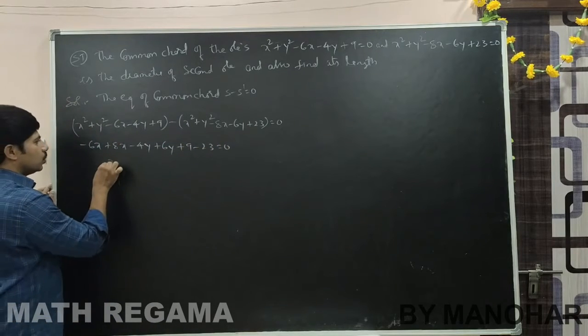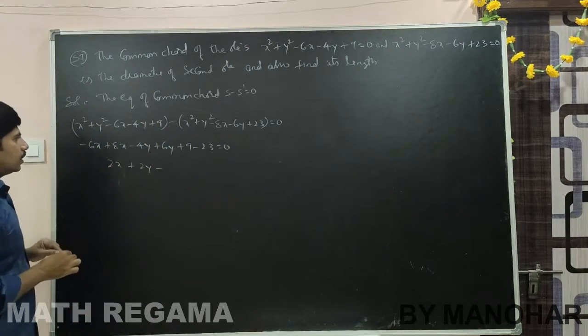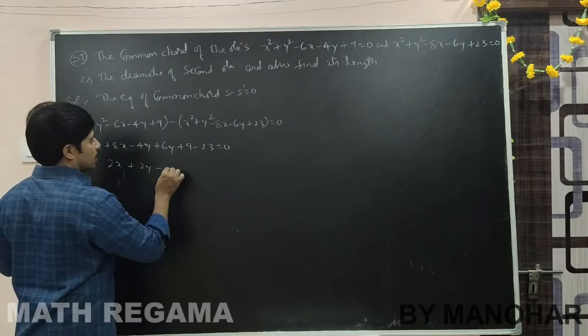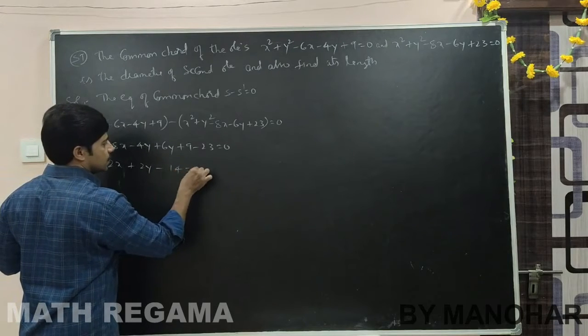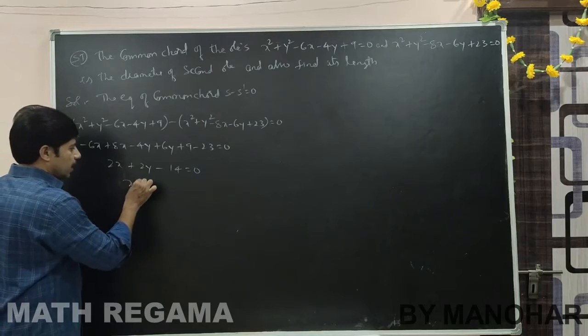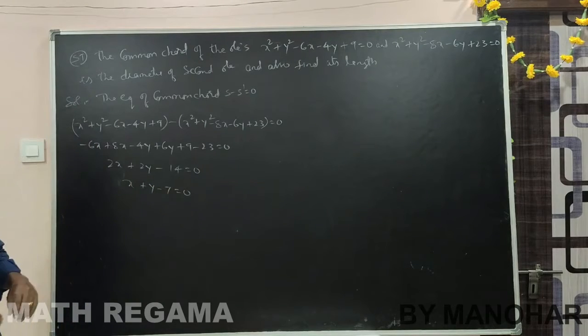So we get 2x plus 2y, and 9 minus 23 is minus 14, is equal to 0. So I can take 2 common from the equation. We get x plus y minus 7 is equal to 0. So we got the equation of the common chord.